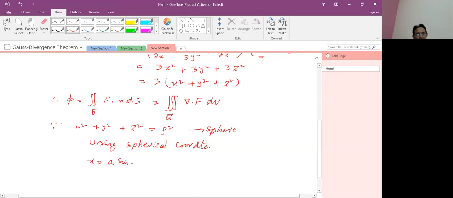sine phi cos theta, y is equal to a sine phi sine theta. These are the spherical coordinates.